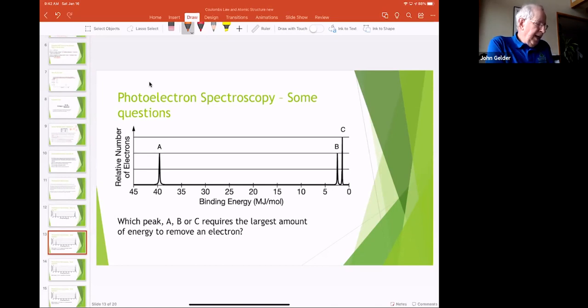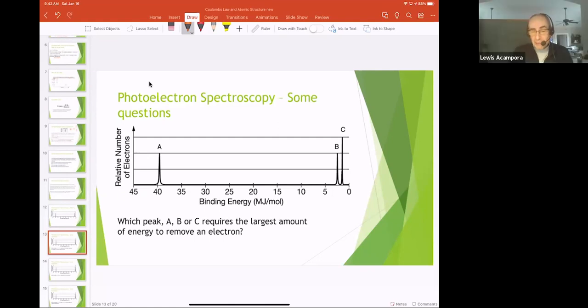So, right, that binding energy is the measure of the amount of energy. So about 39 megajoules per mole is considerably more energy to remove electrons from peak A compared to peak C, which is somewhere around 2 megajoules. Now, if we were talking about what is the energy, we would conventionally call those negative numbers.